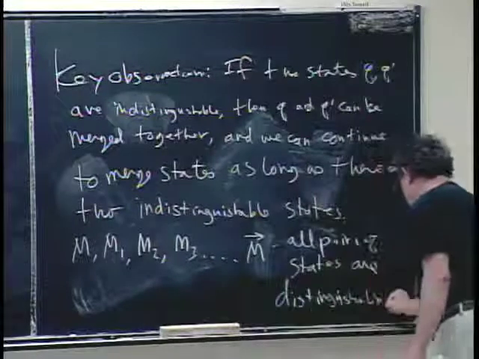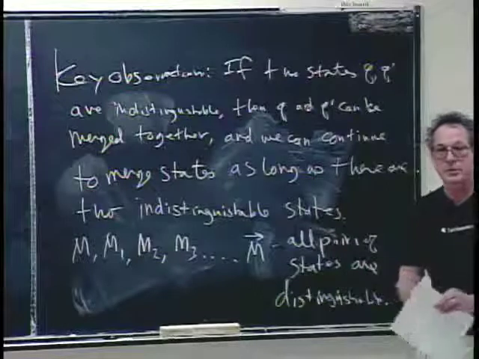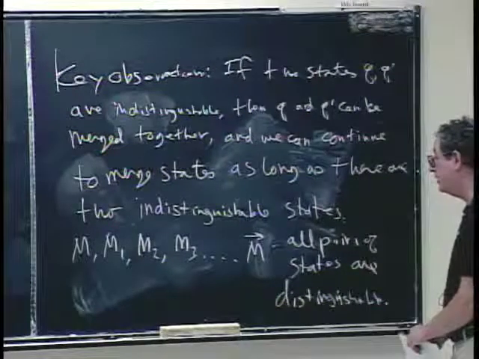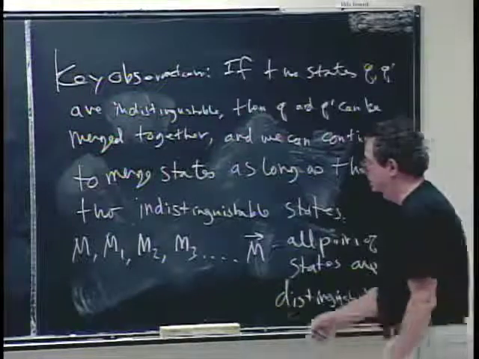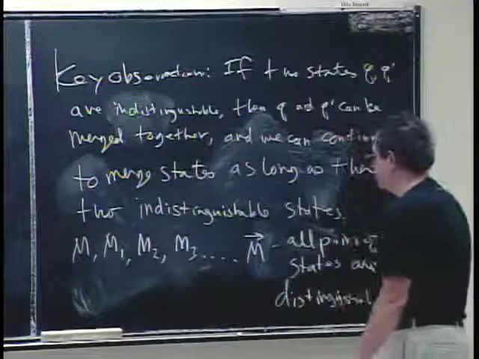Okay? And of course that has to happen ultimately, as I was saying. Every time you merge two states, you get one fewer state, and we start with a finite number. We can't go to negative, so of course, ultimately this procedure stops.